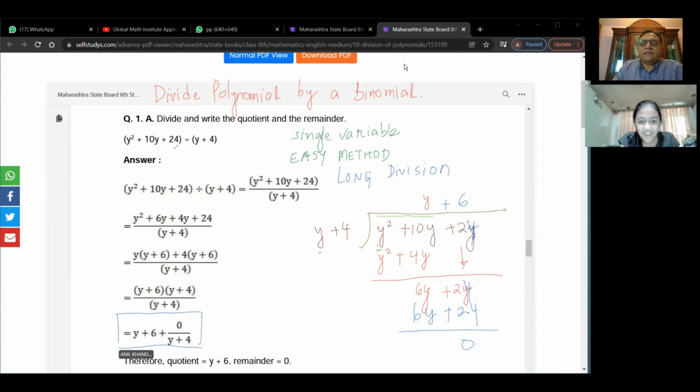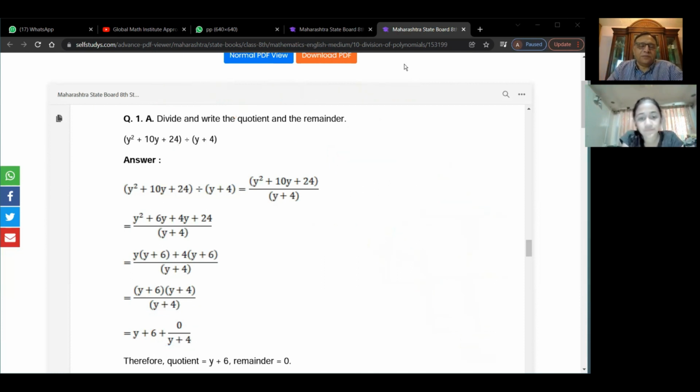The quotient is y plus 6, remainder is 0, and that is it. So do you see how simple it is? So we are going to do all these questions using the method of long division, right? So let me clear this, and now let's take up the next question.